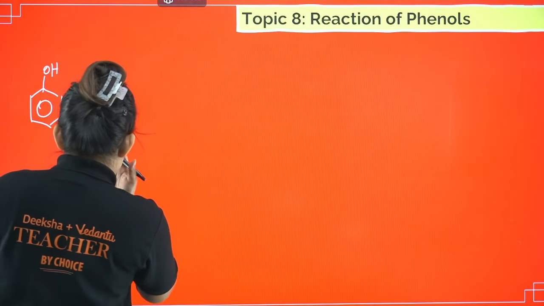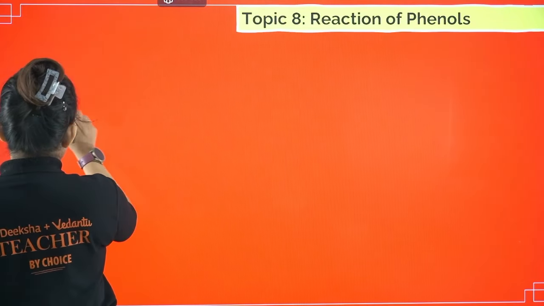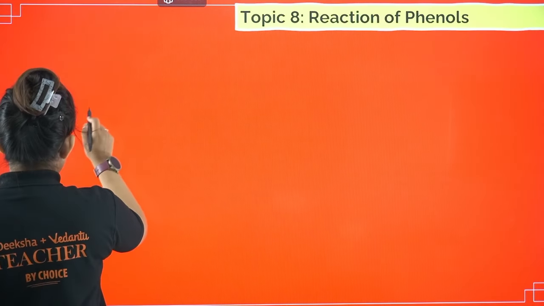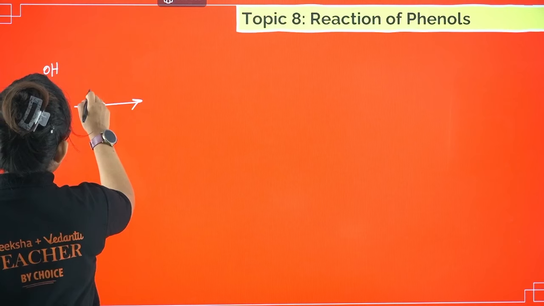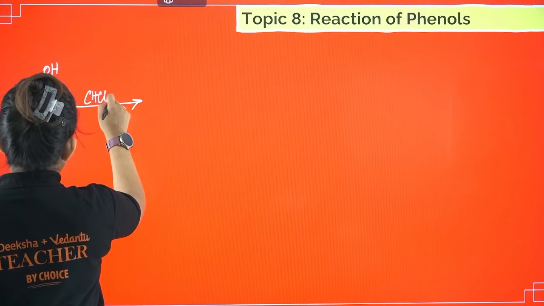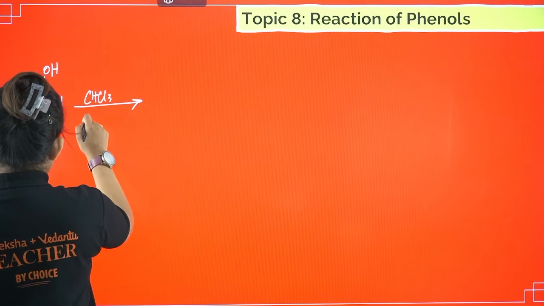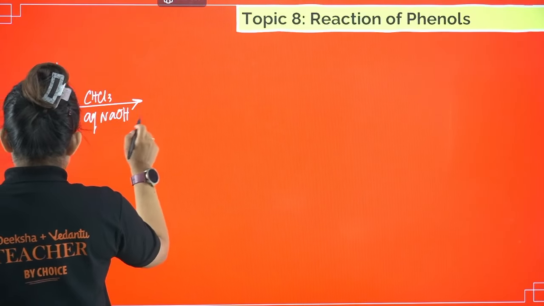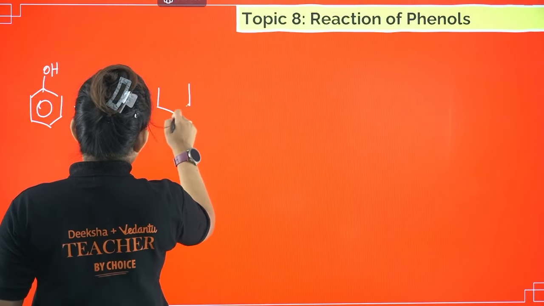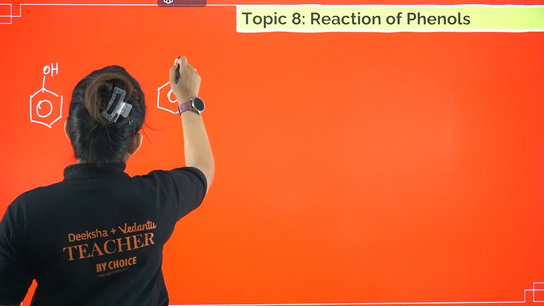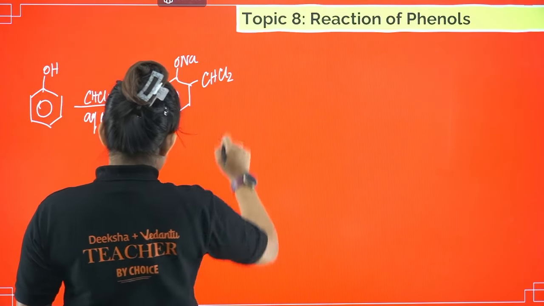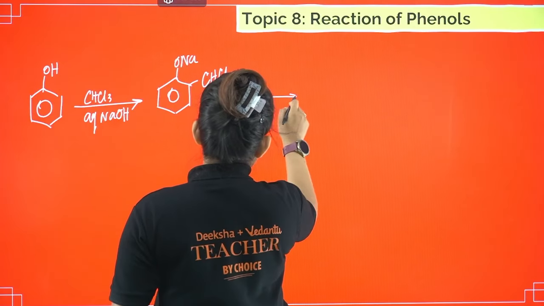First we will proceed with the Reimer-Tiemann reaction. What I have to give is chloroform, that is CHCl3, in the presence of aqueous NaOH. I will end up with this. Here I will get ONa and here CHCl2. Now you give further NaOH.